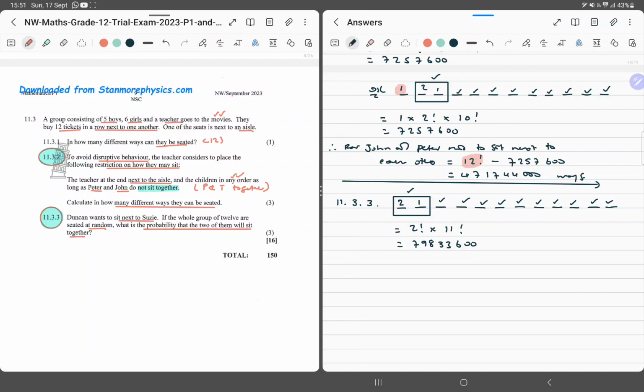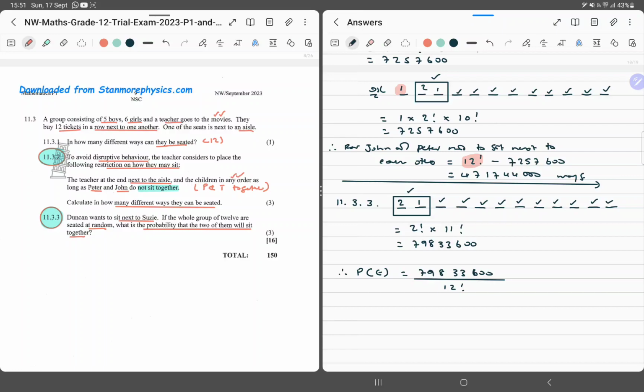We can say, therefore, the probability of the event occurring is going to be this 79,833,600 divided by 12 factorial, because we're saying they must sit randomly. Okay, so at random, we just look at that.